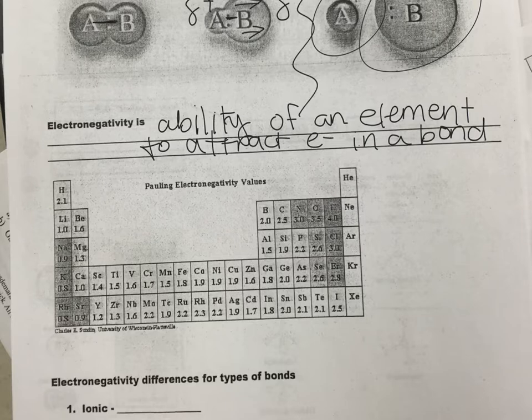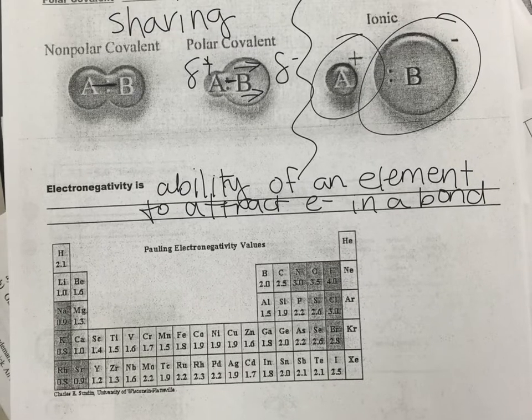And so if you have a high electronegativity, you are going to be attracting a lot of them, just kind of like our B up here was, higher electronegativity. And then when they're the same, they're obviously going to be pulling the same. We like to put a big heart on this because an easy way to think of it is love of electrons. But please remember that it has to do with this ability of an element to attract an electron.